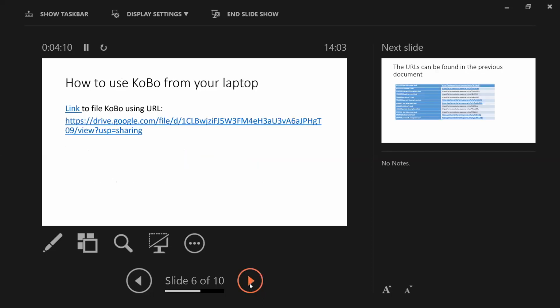I think we may face some challenges or questions may arise later on when we start downloading Kobo on the enumerators' mobiles or tablets. For now, everything's clear, but the challenges will come up when we start the implementation.